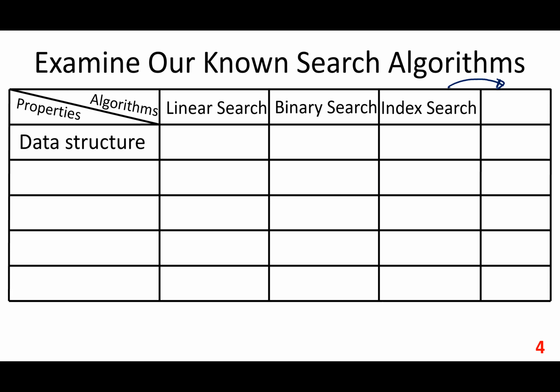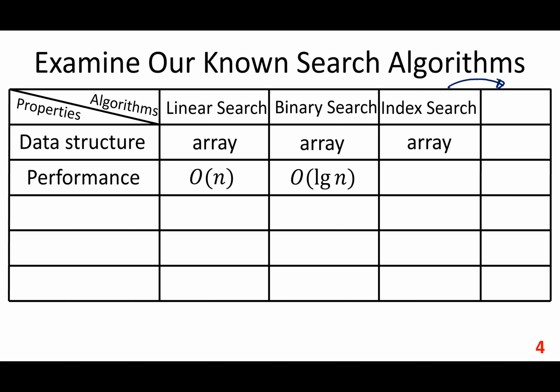For the data structure, we first use an array. The performance is big O of n, big O of log n, and then index search. What's index search? Let me say a few words. Given an array, in order to find a data item, the key is the array index.